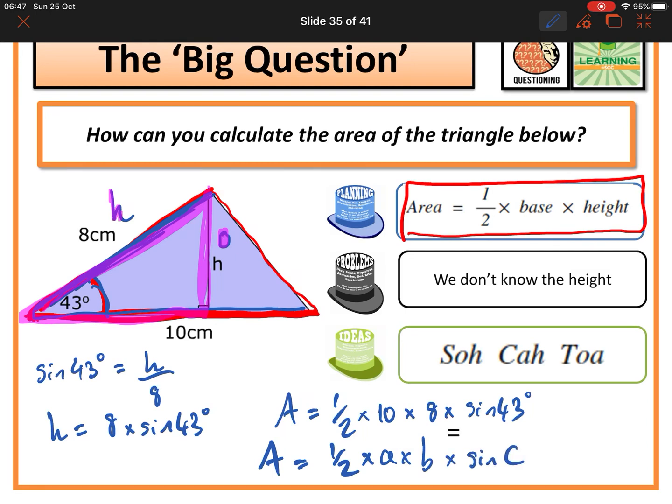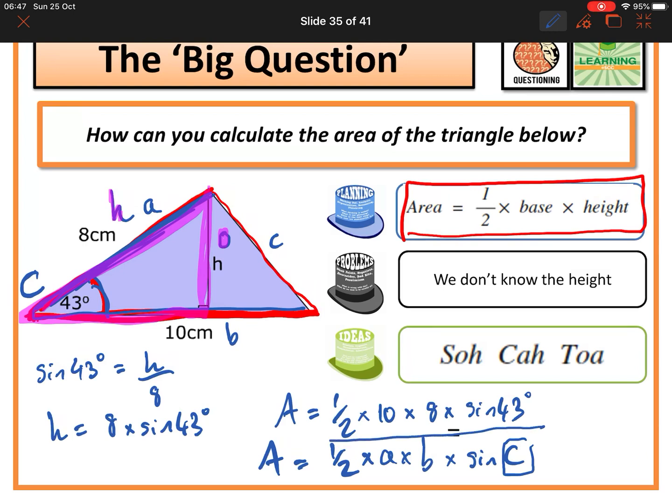If this is side a and this is side b, then this is side c, making this angle C, the included angle.